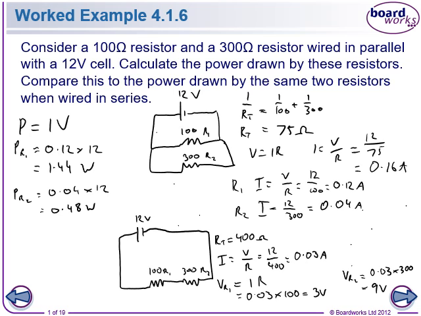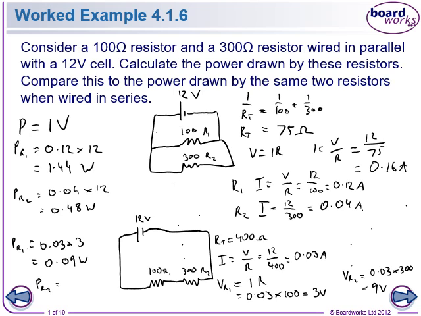Okay, so we have our voltage and our current going through each resistor, so we can work out our powers. Power through resistor 1 is 0.03 amps multiplied by 3 volts, which is 0.09 watts.